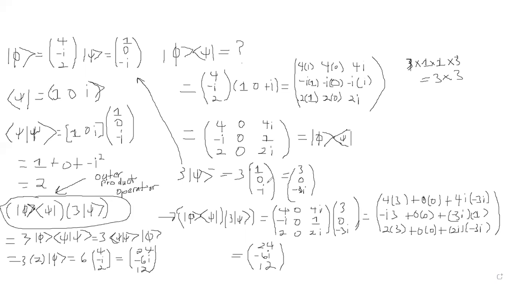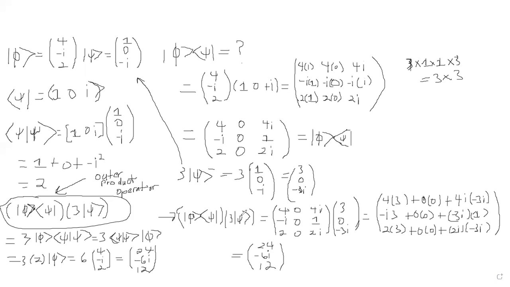Well, we multiply a constant by the column vector, and of course you get 3 over 3, 0, and negative 3i. That's what's in the next line here. Now we take that operation, which is the matrix, and we operate it on this state.